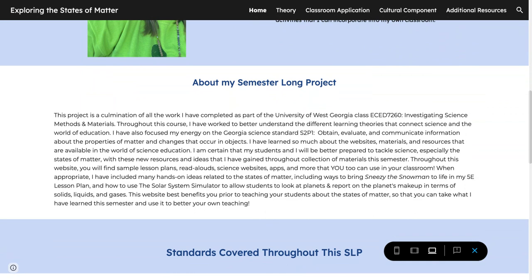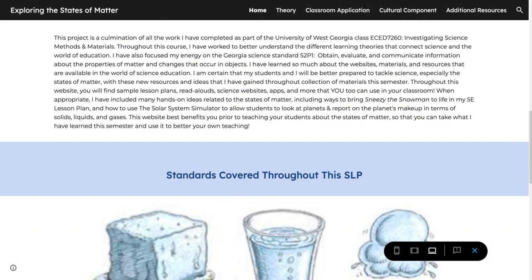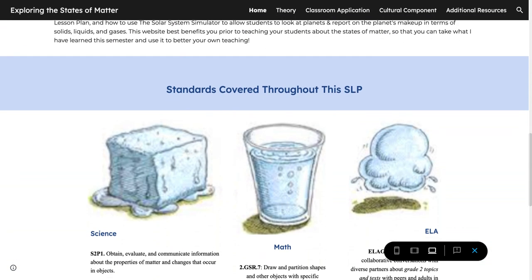I've taught first and second grade for my entire 7 years so far, and so properties of matter is covered in both of those grades, and I thought I knew a lot about the resources and the activities and that I had done what there was to do, but I was so wrong. There are so many resources and activities that I found throughout this SLP that I plan to use in my future years of teaching.